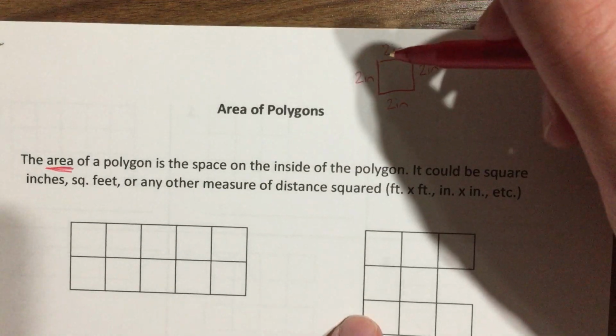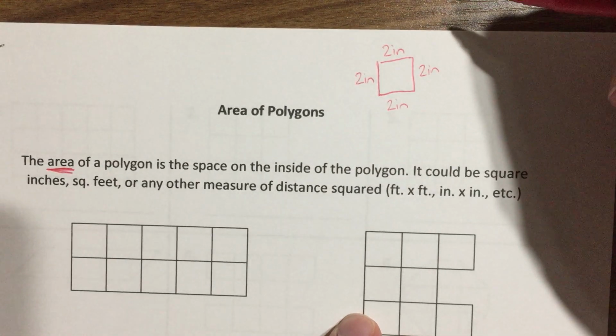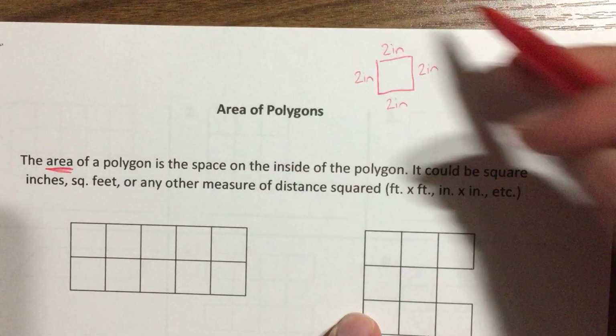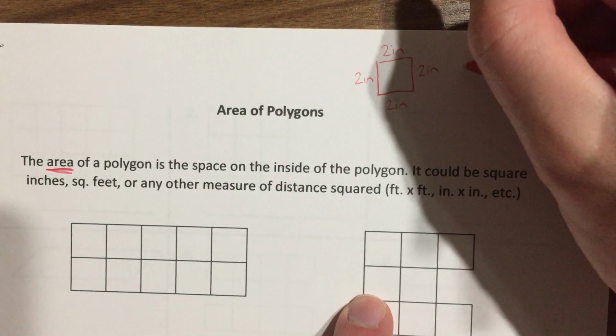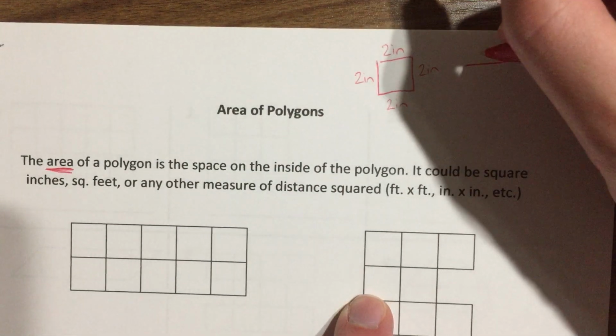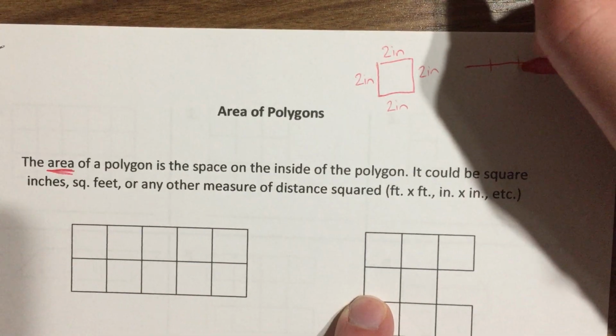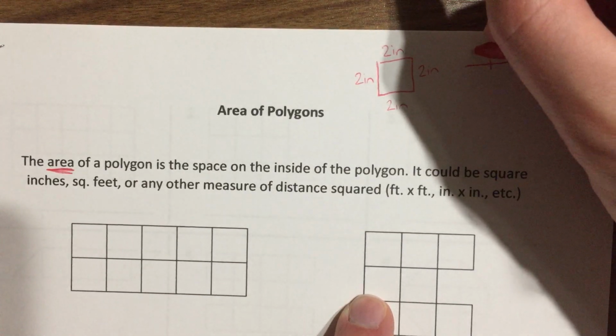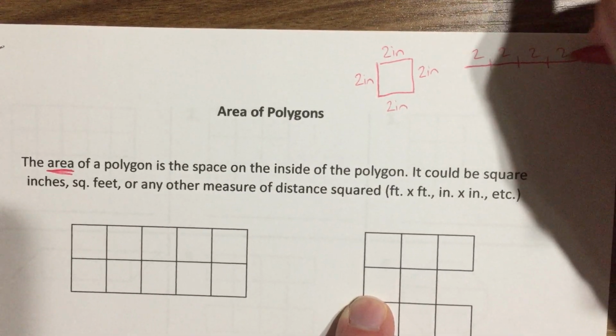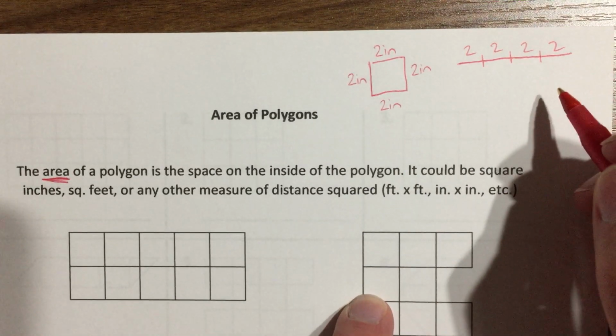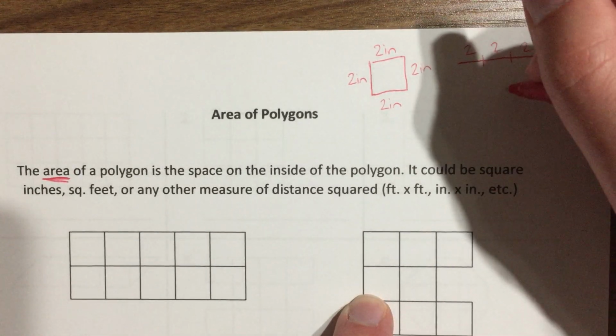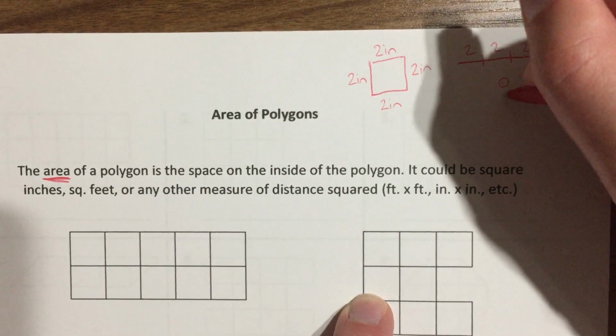That square, the distance around, is in straight lines. So if we took each one of these sides, laid them right next to each other, that would make one long line that was 8 inches long.